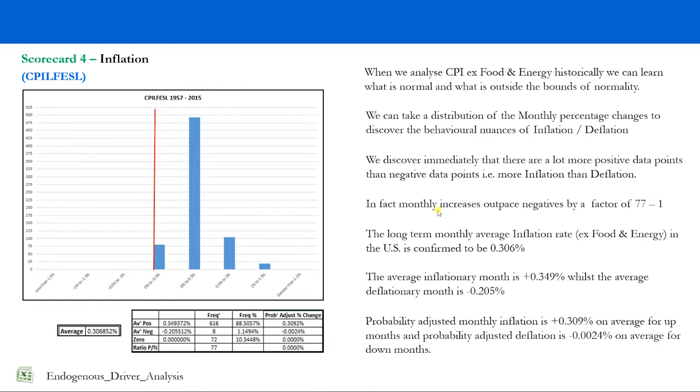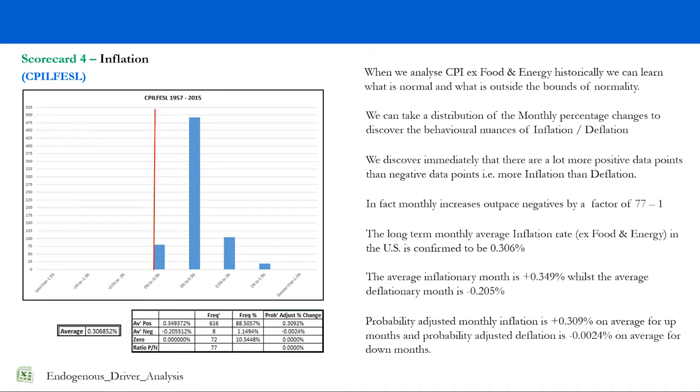And when you analyze the data, the monthly increases, so inflation, X food and energy, outpace the negatives by a factor of 77 to 1, which is huge. It's a huge difference, even when compared to the CPI including food and energy, which was a factor of 7 to 1. So let's go further into the stats.